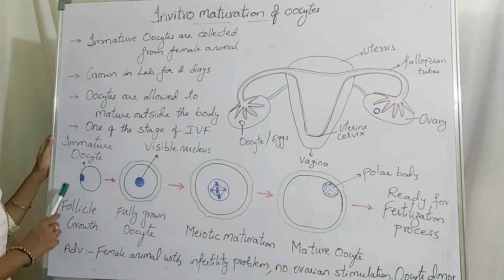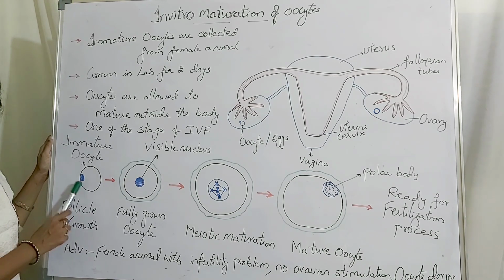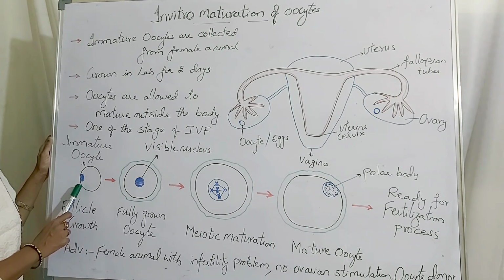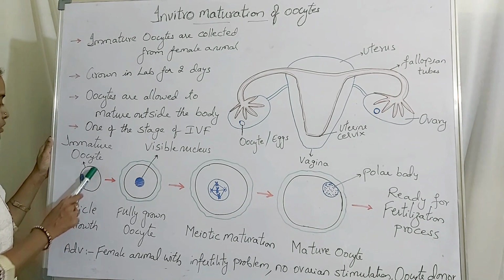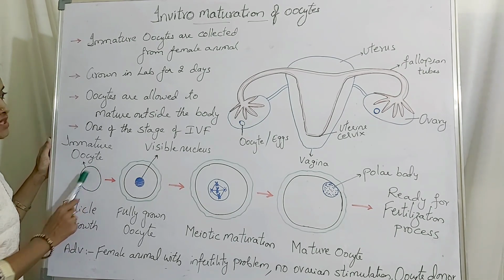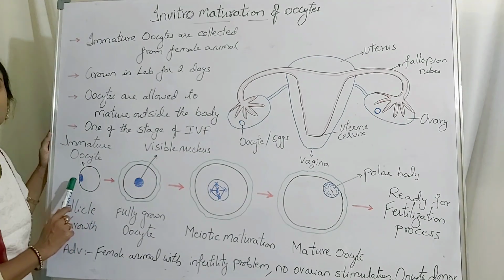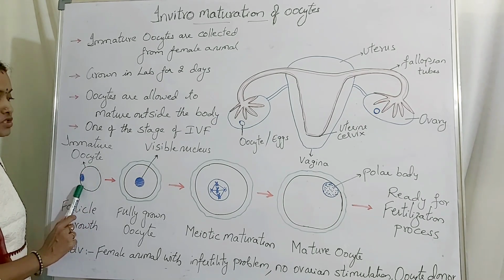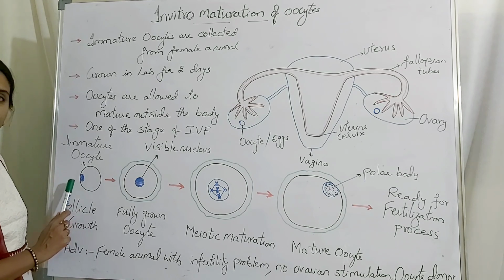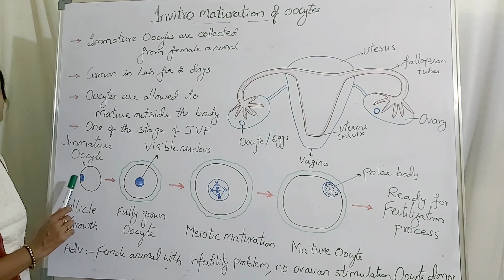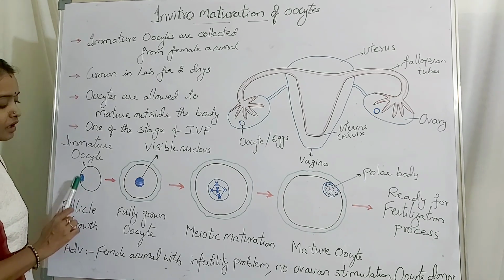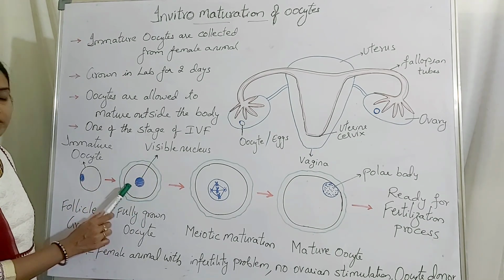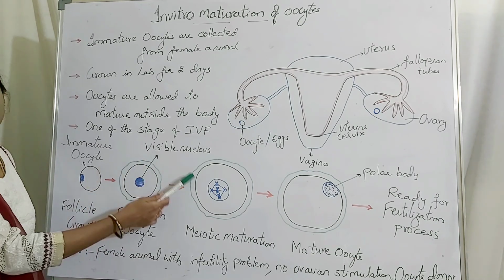Here I said a single follicle will give rise to a single oocyte per estrus cycle, right? Per one estrus cycle it will give rise to one oocyte, and these oocytes are immature, right? Now when the immature oocytes are cultured and maintained in sufficient nutrient media, the tissue culture media, they will grow to fully grown size, or the maturation starts, right?